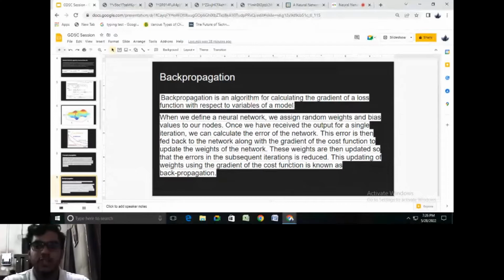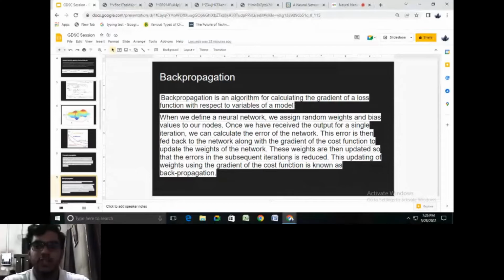Then once we have received the output for a single iteration, we can calculate the error or the loss. This error or loss is then fed back to the network along with the gradient of the cost function to update the weights of the network. These weights are updated such that the errors in the subsequent iterations are reduced.